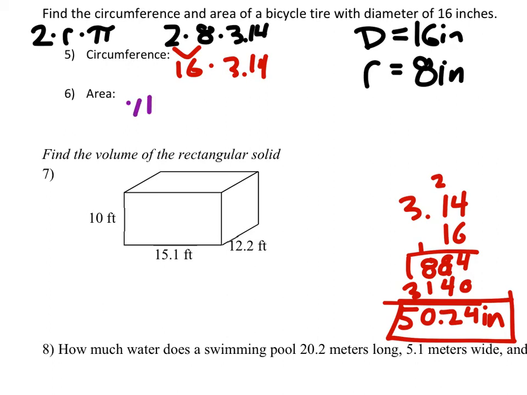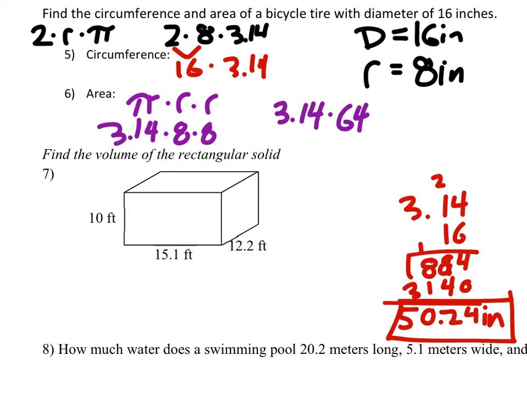The area on this thing would be pi times the radius squared, which is 3.14 times 8 times 8. 8 times 8 is 64, so really it's just 3.14 times 64. And again, we can do that. 3.14 times 64. So 16, 5, 4 is 12.